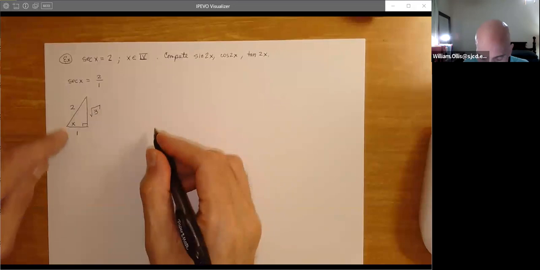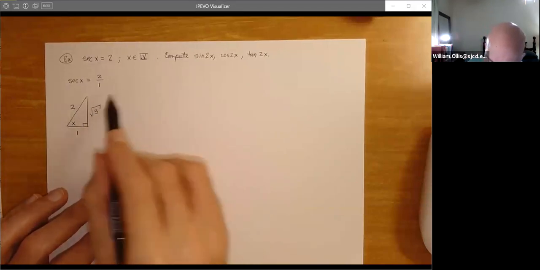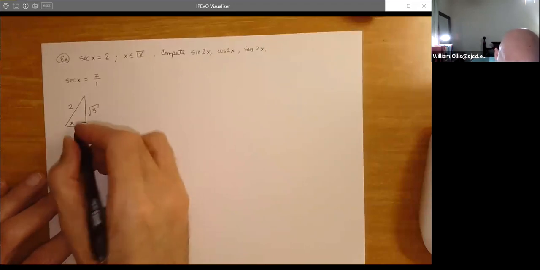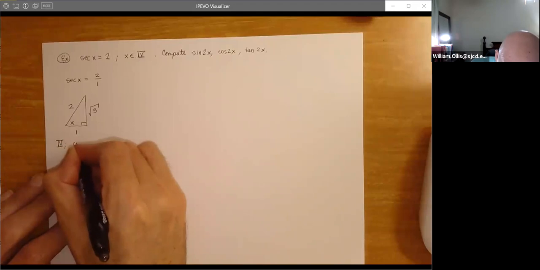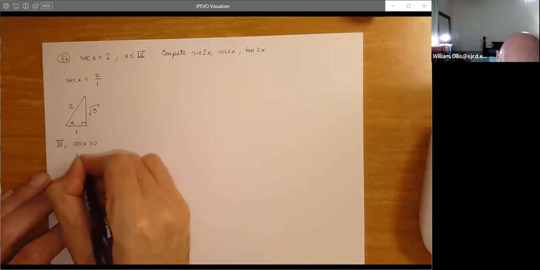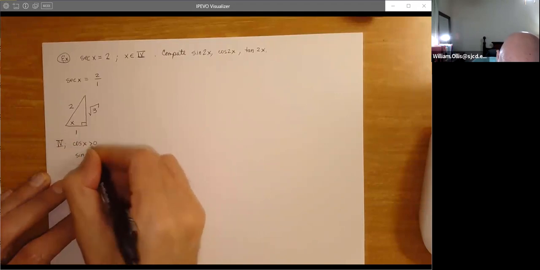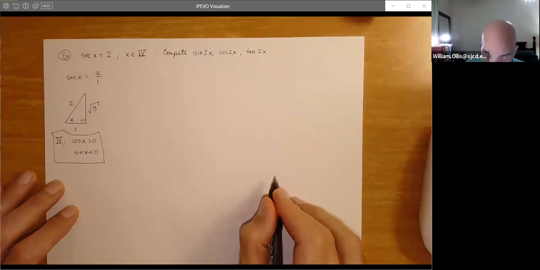So 4 minus 1 gives us square root 3. Now notice in the fourth quadrant, cosine x is positive, sine x is less than 0. So we have that arithmetic constraint in the fourth quadrant.